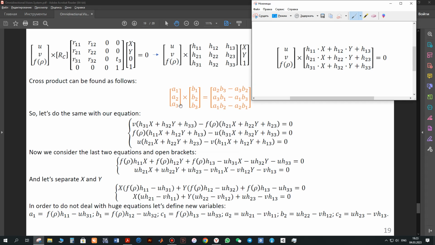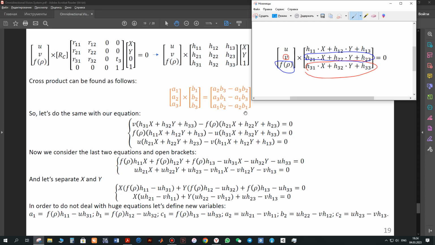So firstly we take a2, this one, and we multiply it by b3, this one. Next it's minus a3 multiplied by b2, multiplied by this value.